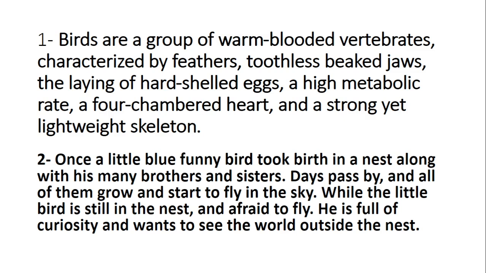In number one, birds are a group of warm-blooded vertebrates characterized by feathers, toothless beaked jaws, the laying of hard-shelled eggs, a high metabolic rate, a four-chambered heart, and a strong yet lightweight skeleton.